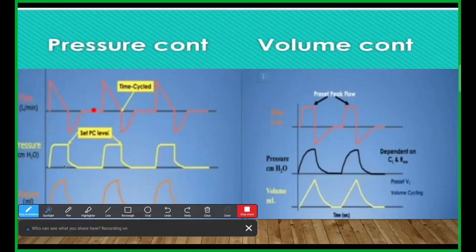Whereas the pressure time scalar, we can see in volume control ventilation. It gives a lot of information. This is an exponential curve, and this point is called your peak inspiratory pressure. The pressure time scalar gives information mostly on the compliance and the resistance of the system. In volume control ventilation, you always set a tidal volume.